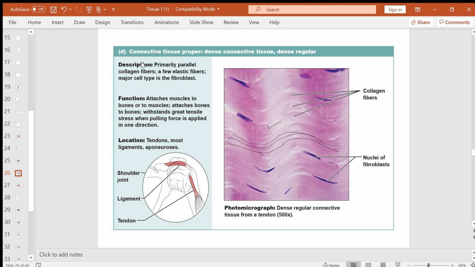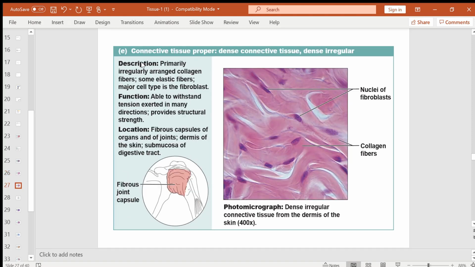Okay, and these cells are fibroblasts. Okay, so lot of collagen fibers heavily packed, and that's why it is dense, and the cells are fibroblasts. Where you will find the dense regular: tendons, ligaments, just remember these two. Okay, dense irregular, you see here again collagen fibers, but the fibers form bundles and they are running in different directions, not same directions.